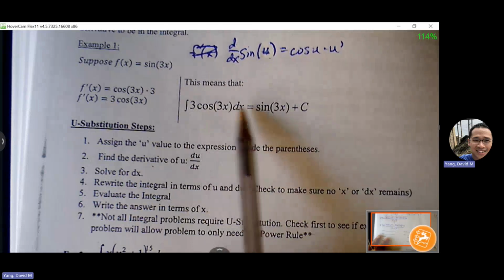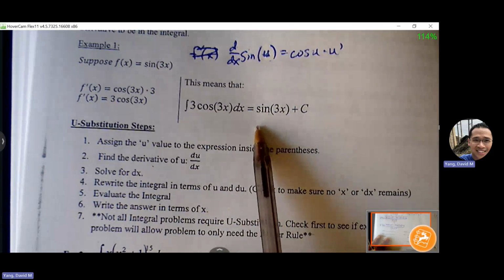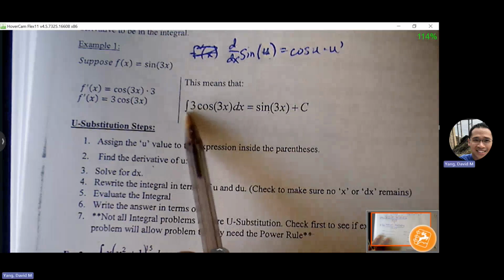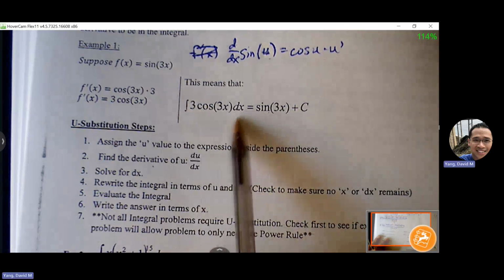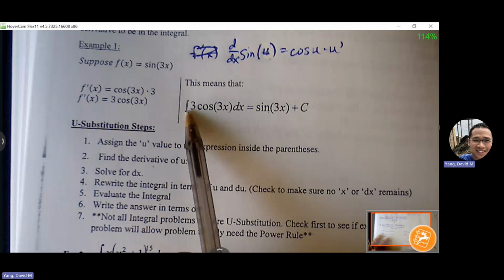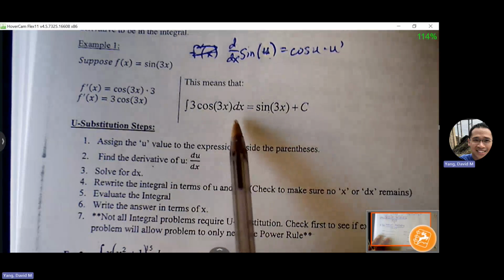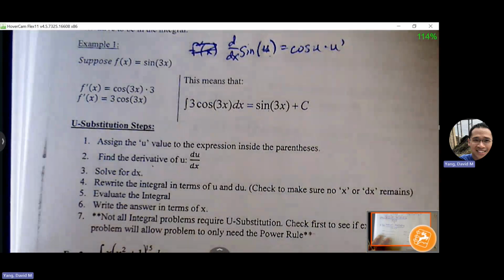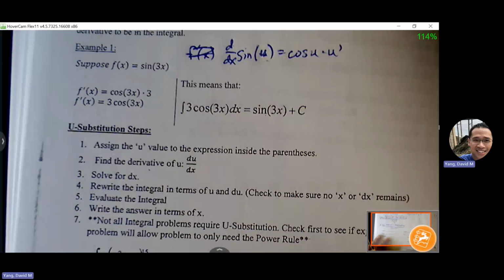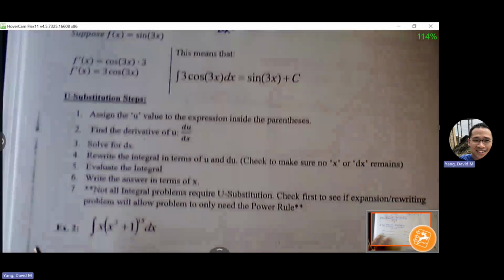It's harder to see going backwards. What do I do with that 3? What if the 3 wasn't there? Then it's going to be a little bit different. So U substitution allows us to have a different variable to keep track of what needs to be in place when we do the antiderivative.